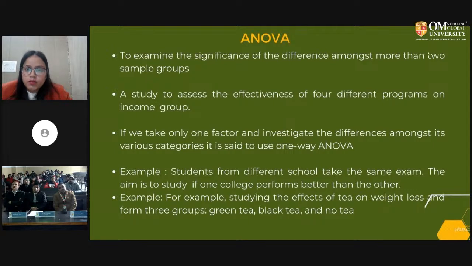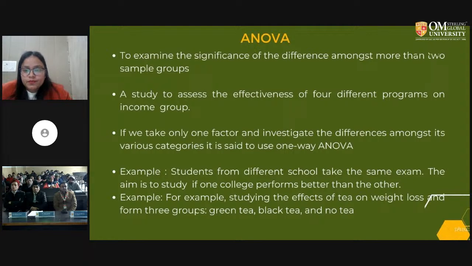when we talked about the independent t-test, where we have two groups and we were making comparison between the means of those two groups. ANOVA comes in the picture when we say that there are more than two sample groups. So, in order to examine the significance of difference among more than two sample groups, you can apply this ANOVA technique.